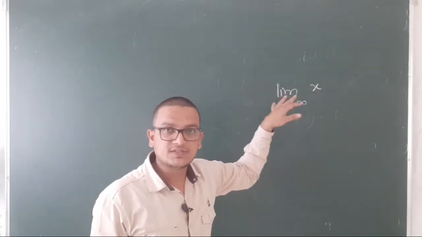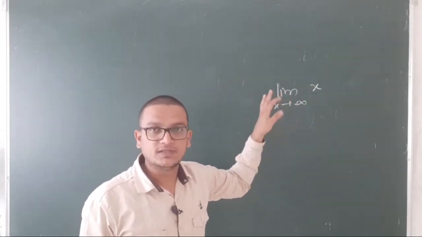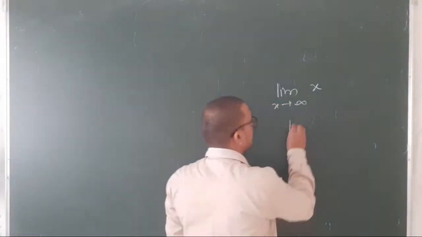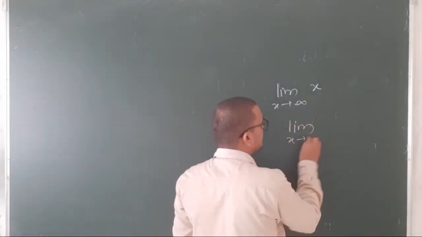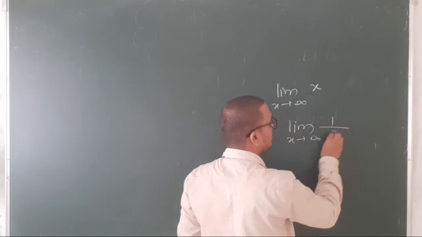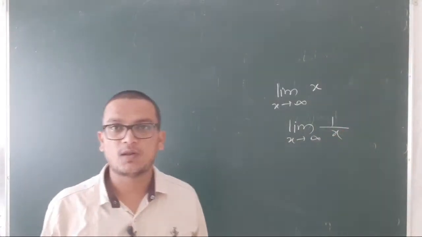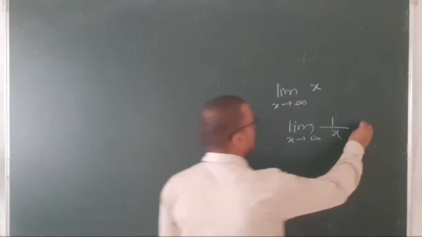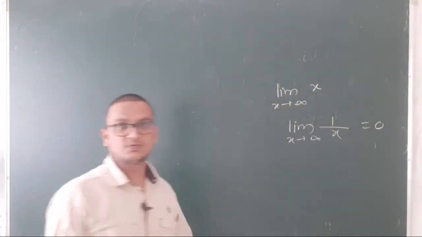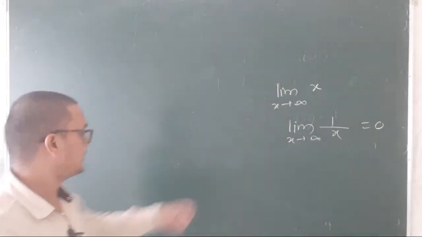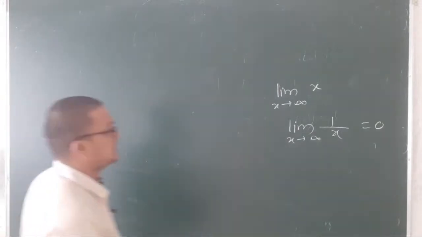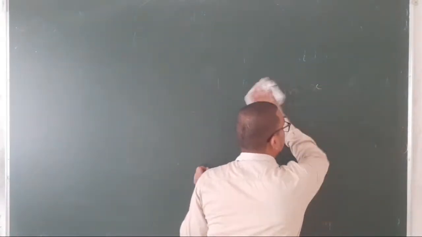If you have this type of problem, first of all what you have to write? This limit you have to express in the form of 1 upon x, and its value is going to be 0. I think I taught this result in the previous properties. So these are the 4 methods to simplify the limits.